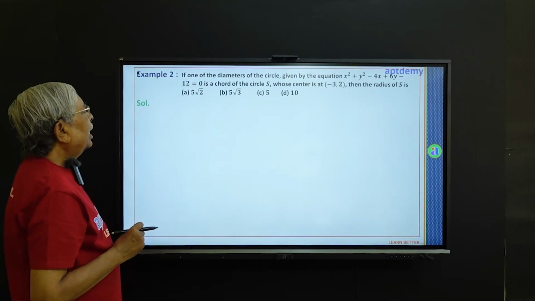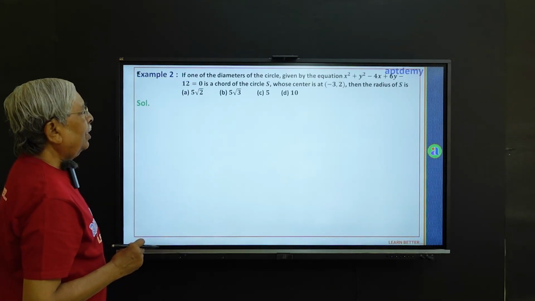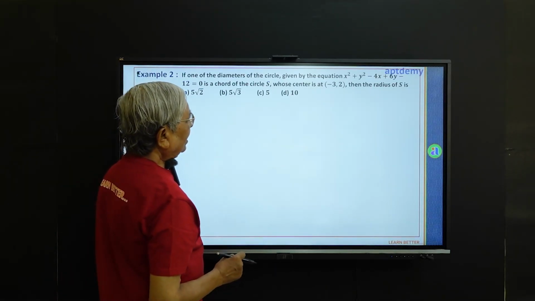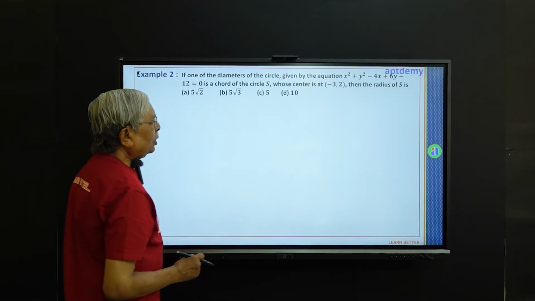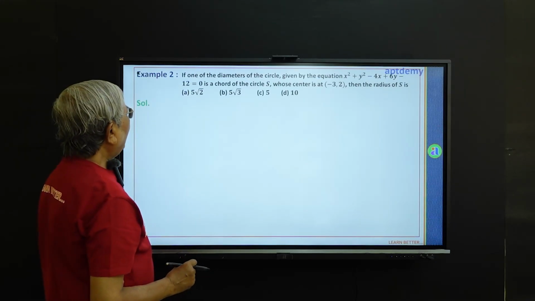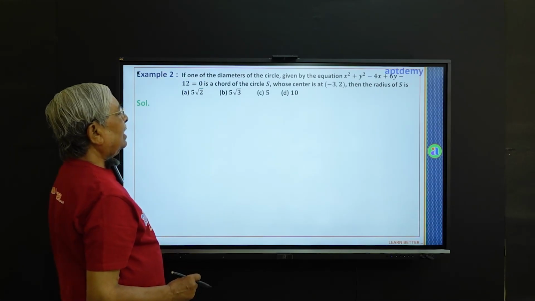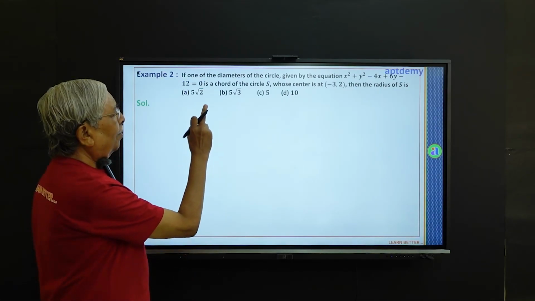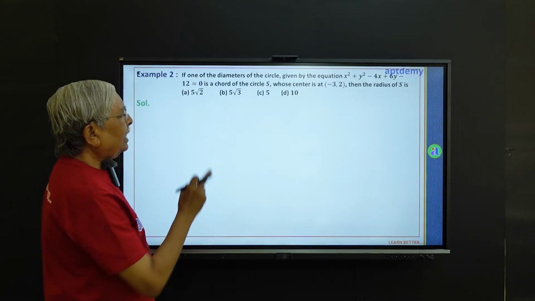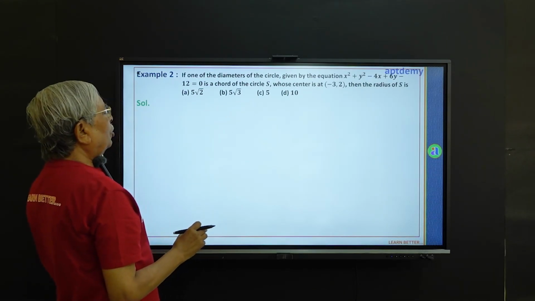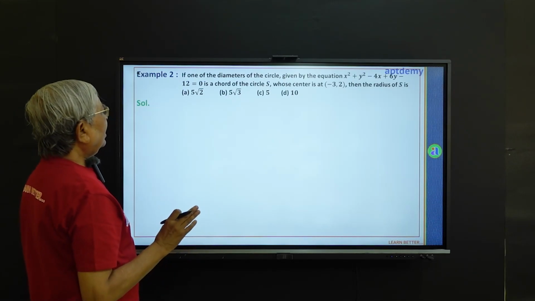Next problem is, if one of the diameters of the circle given by the equation x squared plus y squared minus 4x plus 6y minus 12 is equal to 0 is the chord of the circle S whose center is minus c2, then the radius of the circle S is, 4 options are given, which one is correct? What are you given?